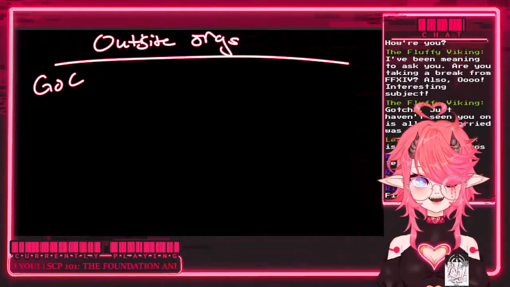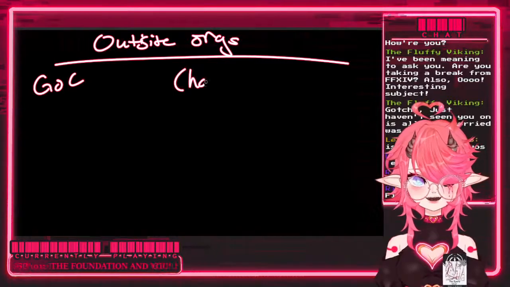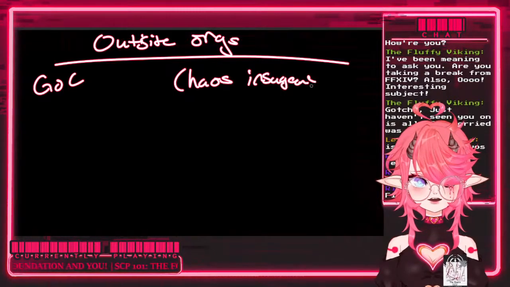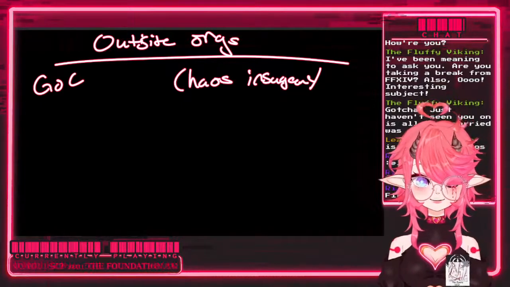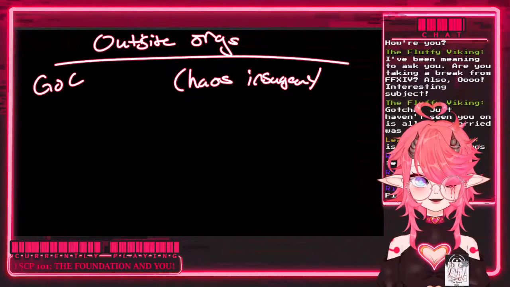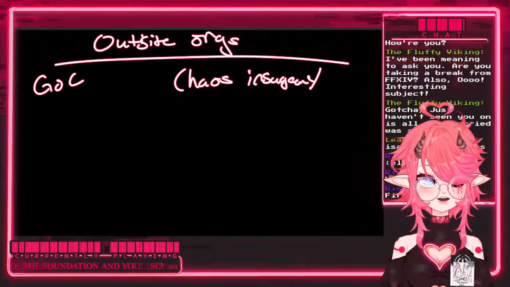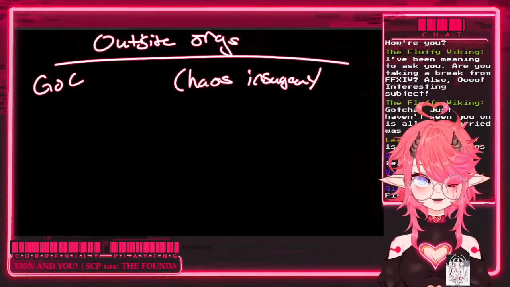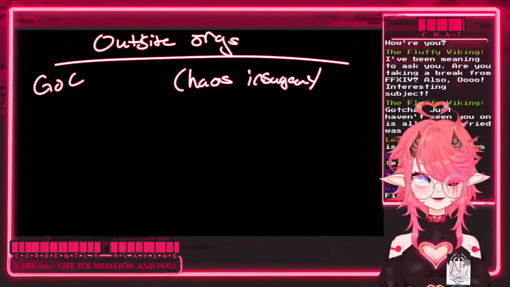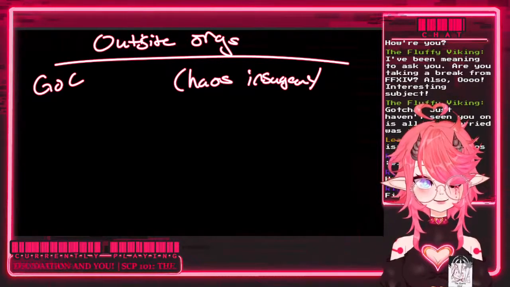So, the Chaos Insurgency is a splinter group of the SCP Foundation itself. They have a very strict regime. They tend to keep their individuals in a very bad situation.